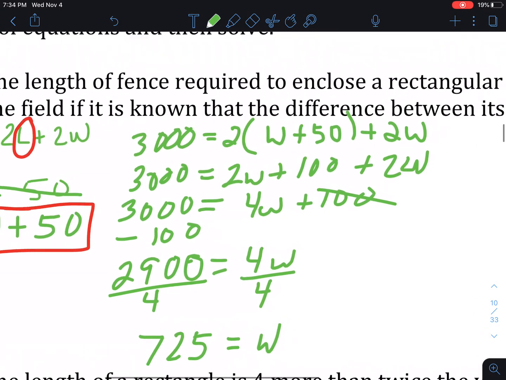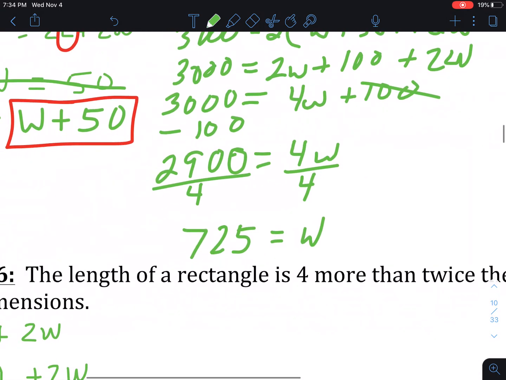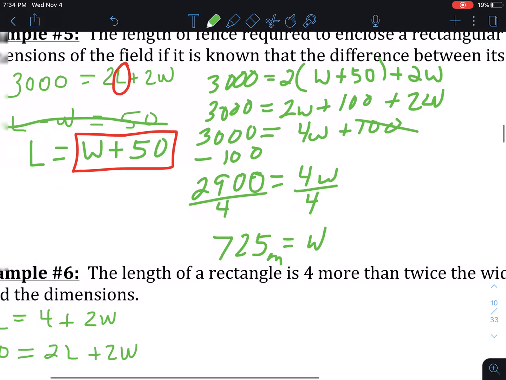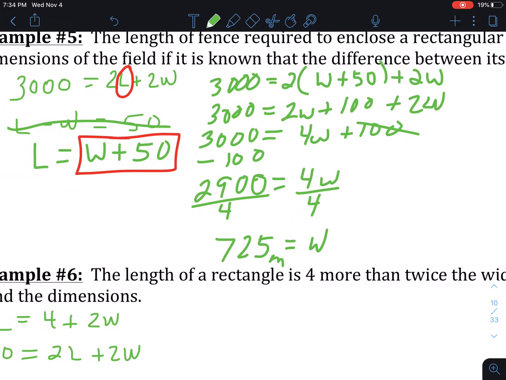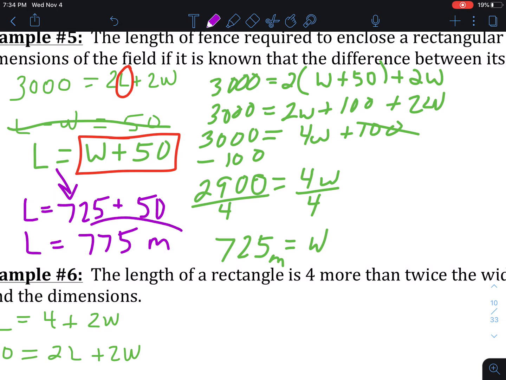What did we call it? Meters. So the width is 725 meters. Now the length, just look right back here. The length is 725 plus 50. So the length is 775 meters.